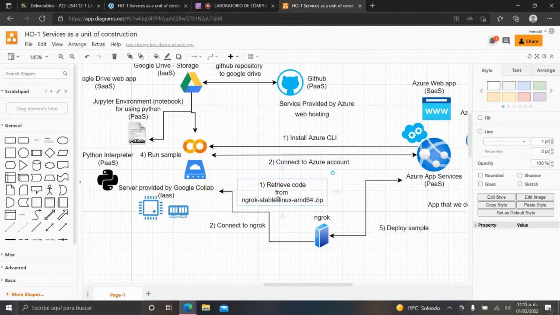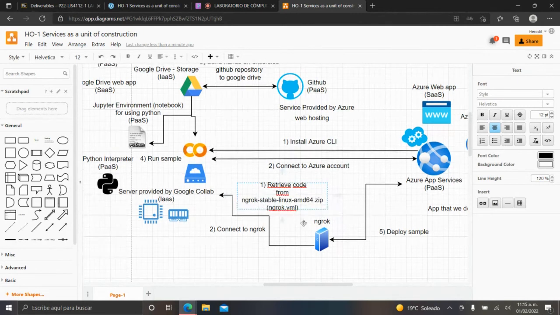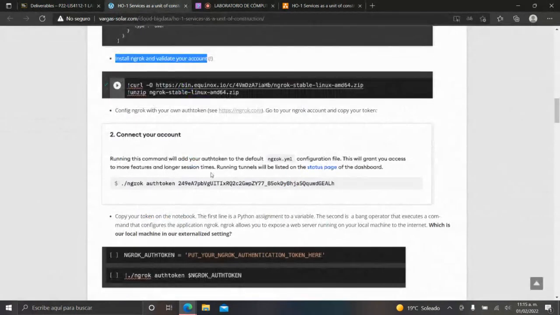And the YAML is within the zip, right? Yes. What we got from ngrok particularly is the YAML that has all the necessary instructions so that our environment will be covered by an authentication protocol when we call our code from the outside.